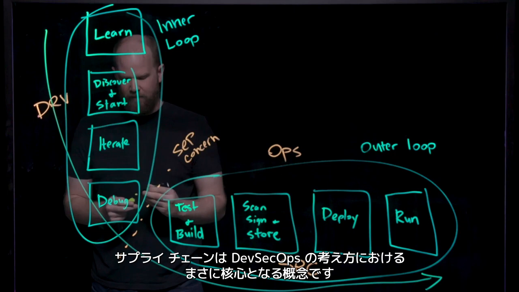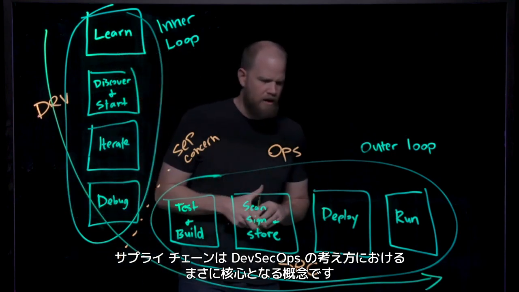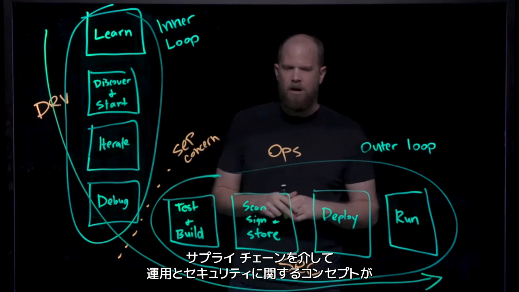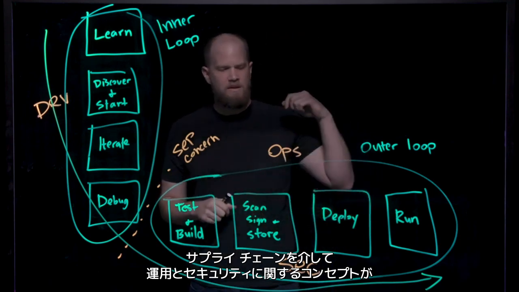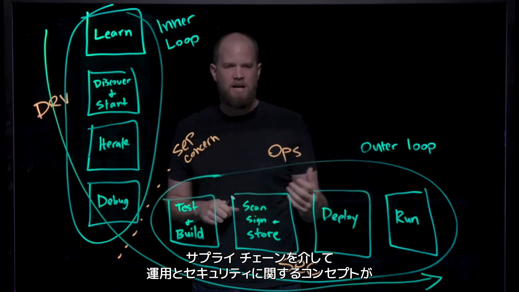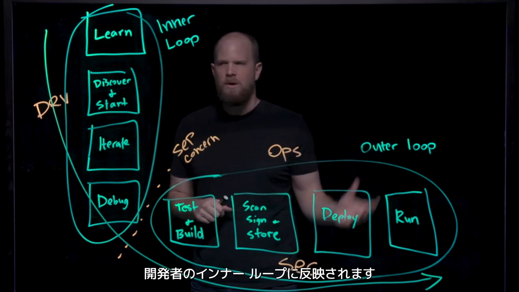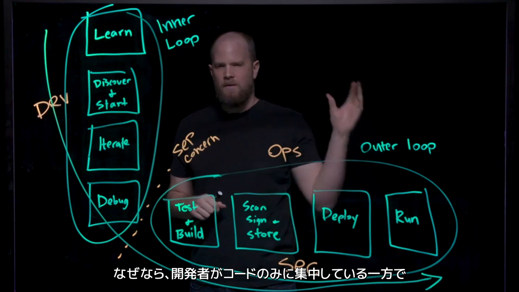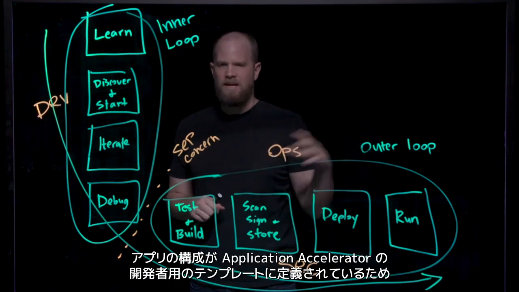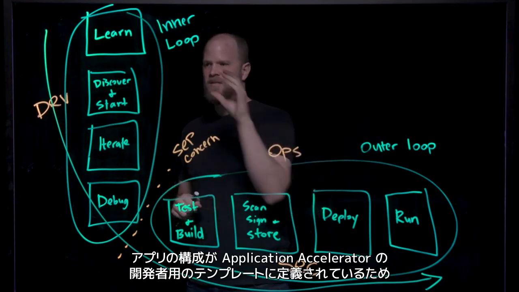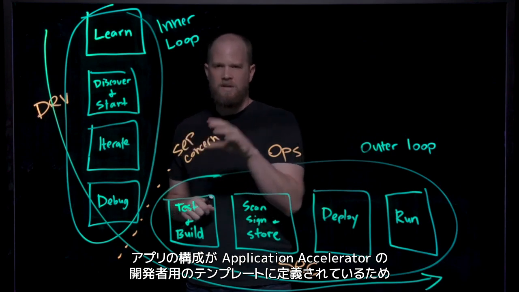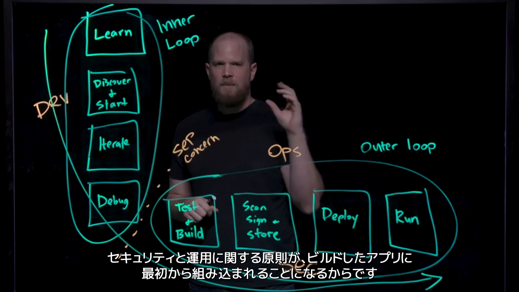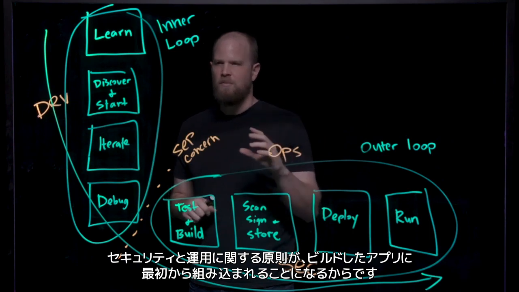A supply chain is really at the core of the DevSecOps mindset. A supply chain brings the operational and security concepts into the inner loop for a developer, because it allows a developer to focus on just their code, while a configuration that's defined for them inside of their template in their app accelerator will allow them to have those security and operational principles baked into their application right away.